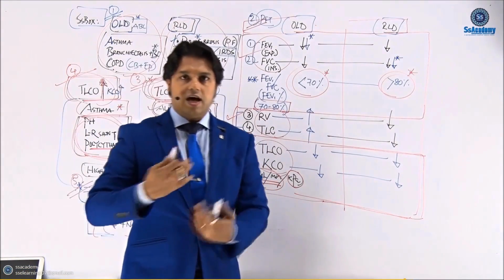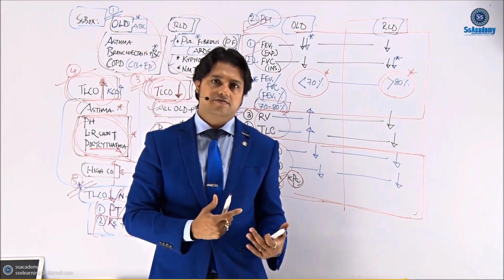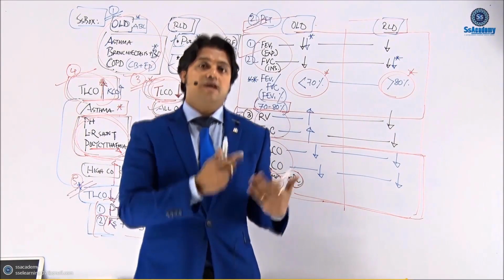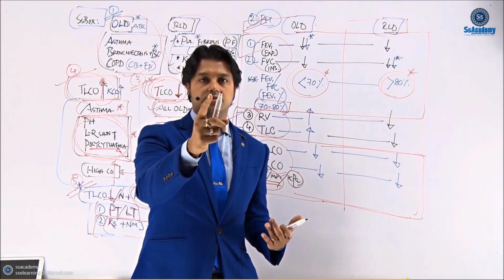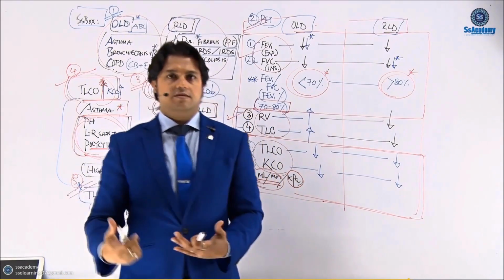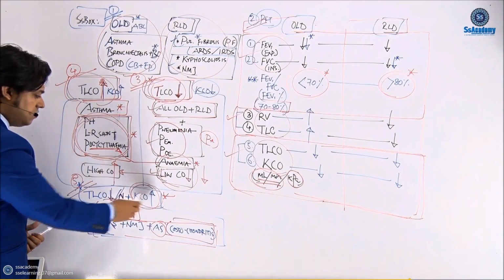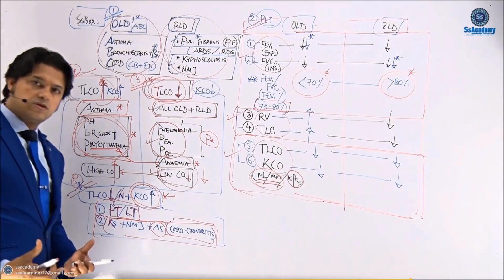Feel that one lung is absent and only a single lung remains. So for compensation, the KCO rate will be increased, but total lung gaseous exchange will be reduced because one lung is absent. So that's why you see the TLCO is reduced or normal, but the KCO is increased. Same thing in lobectomy.